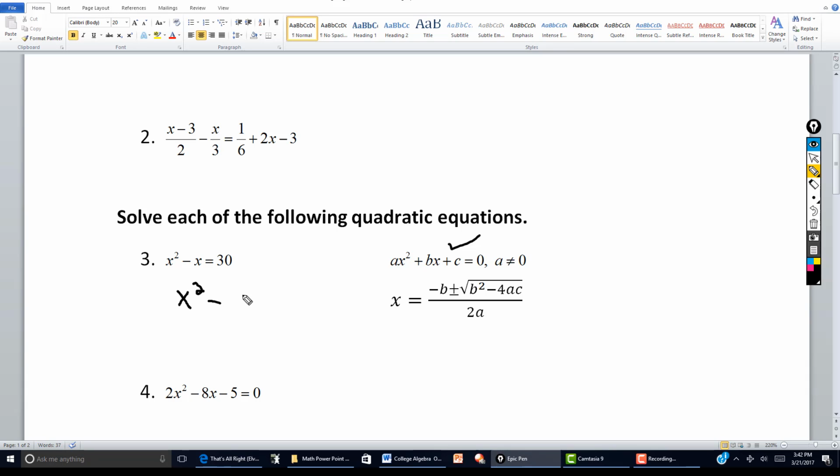So I have x squared minus x minus 30. Okay, adding negative 30 to both sides puts it in this form. Okay, so here's the way it works. Okay, one side is 0, so then you proceed to factor this, okay, if it factors.